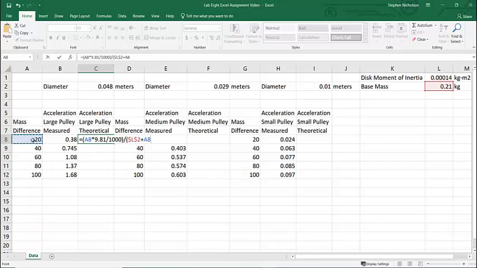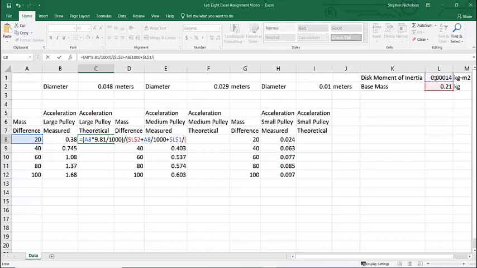This one's in grams, so I have to divide that by 1,000 to get into kilograms. That's the sum of the hanging masses and the hangers. Then I'm going to take the moment of inertia of the disk, L1, and use F4 to add the dollar sign because that doesn't change. It's the same disk for all the calculations.